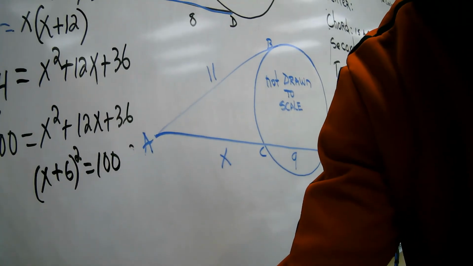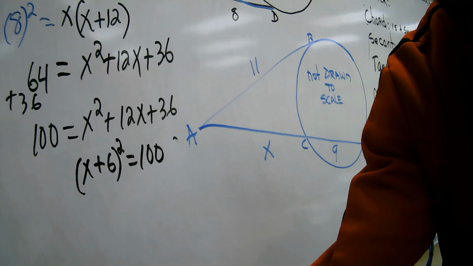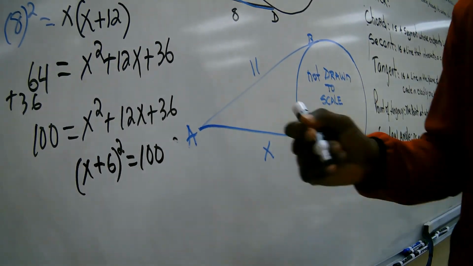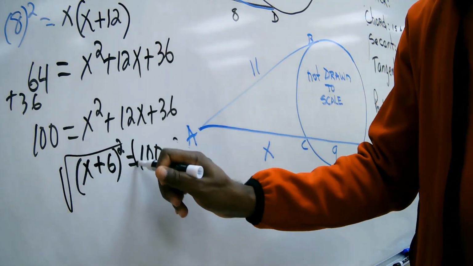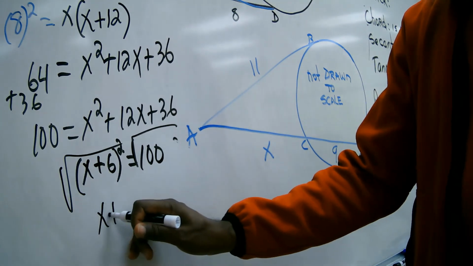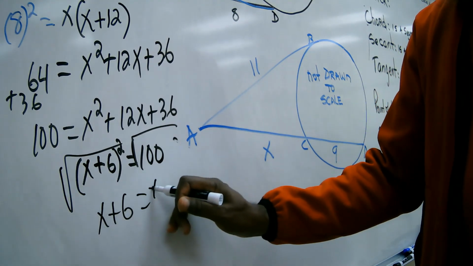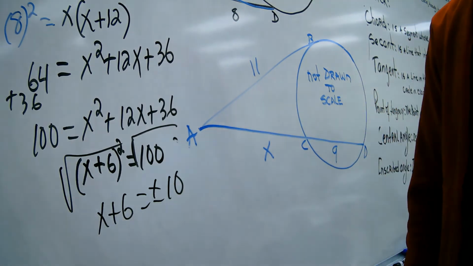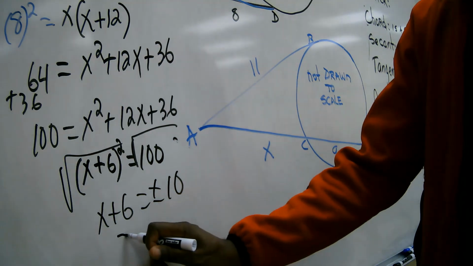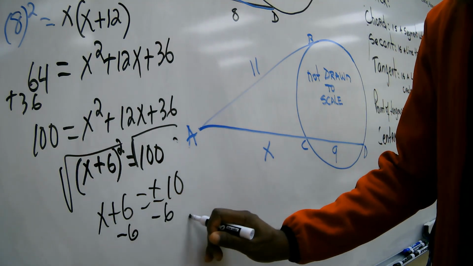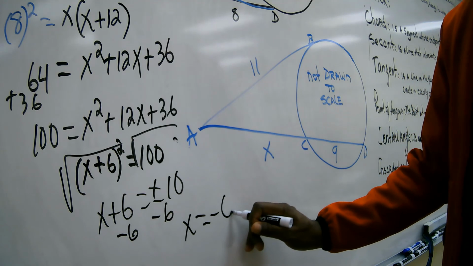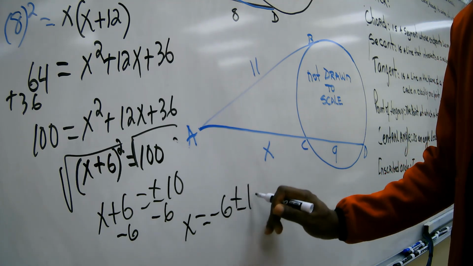Then I will end up with x plus 6 is equal to plus or minus 10. In order to solve for x, I will subtract 6 on each side, and I will have x equal to negative 6 plus or minus 10.